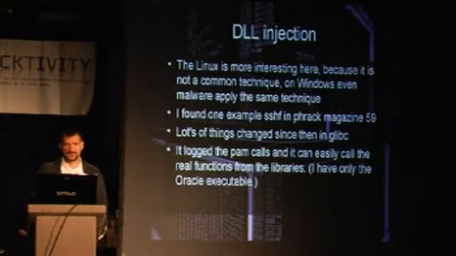As Linux is a more interesting example, I found one example at the time I wrote this presentation. That was the SSHF in Phrack Magazine number 59. Since then, a lot of things have changed. Also in glibc, I used dlopen to load a dynamic library into program memory, but its access has completely changed since SSHF, so this had to be recoded.